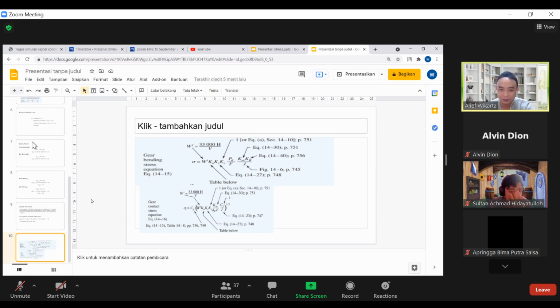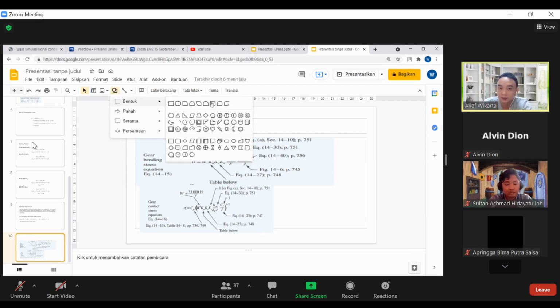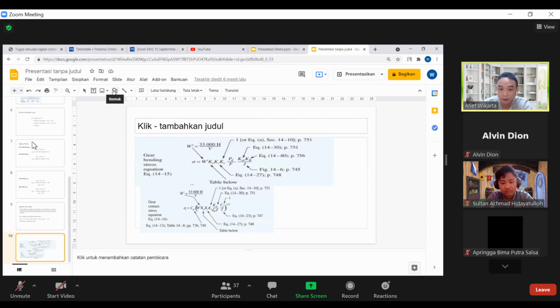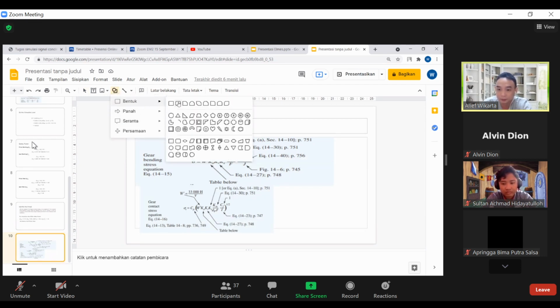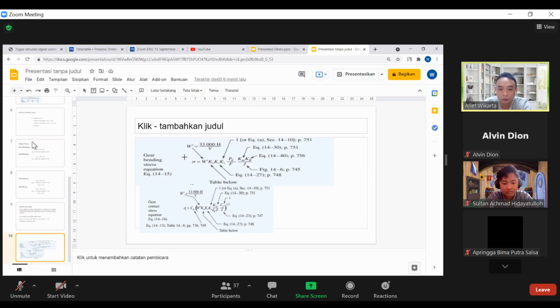Actually, this load also comes from the stress. Like you see here in Mas William's slides, this W_t actually comes from the gear bending stress equation, where sigma, the stress, equals something. It will be the same, Mas Edgar.